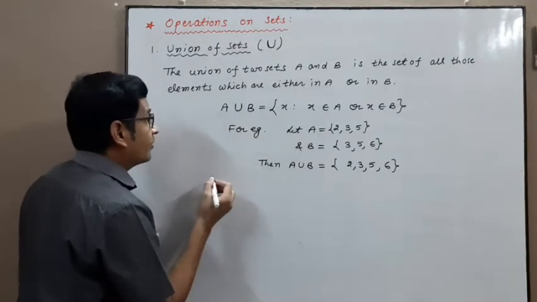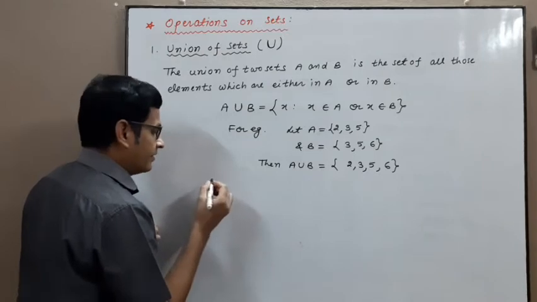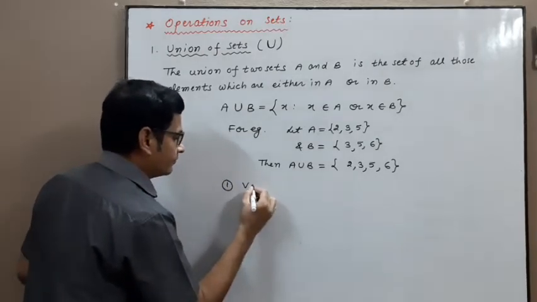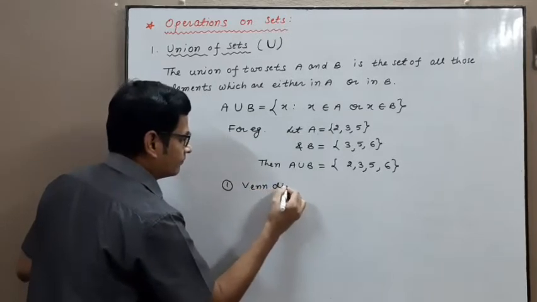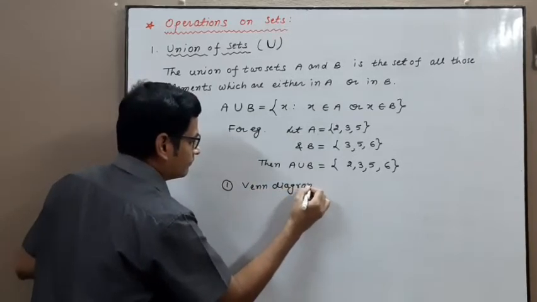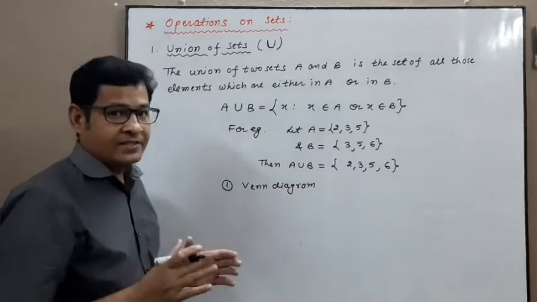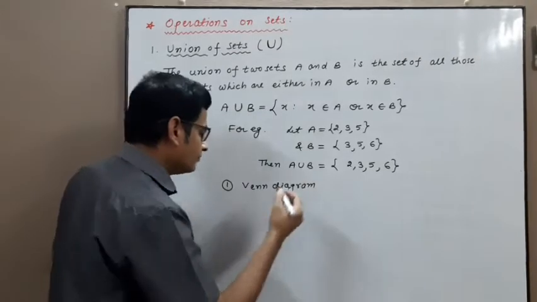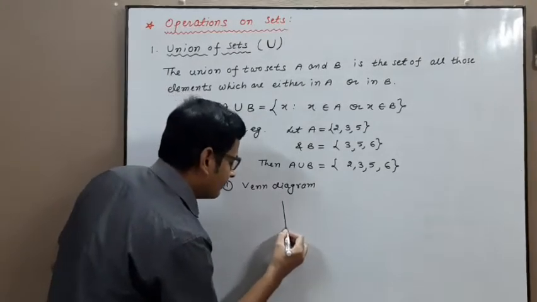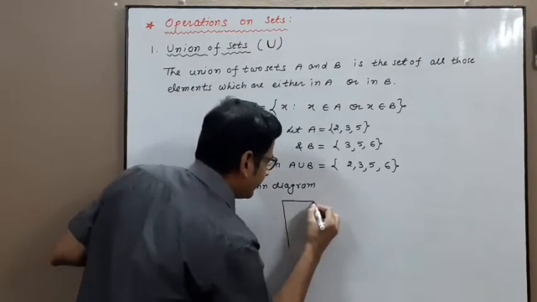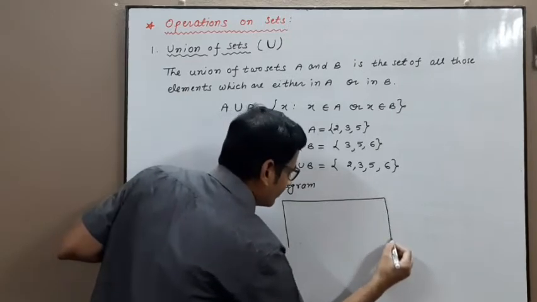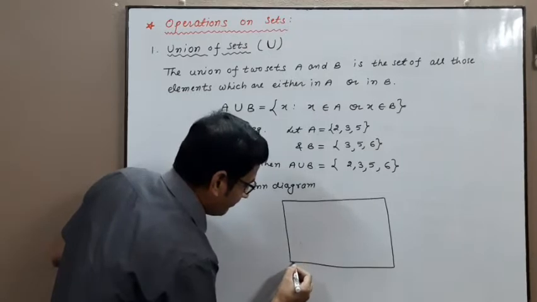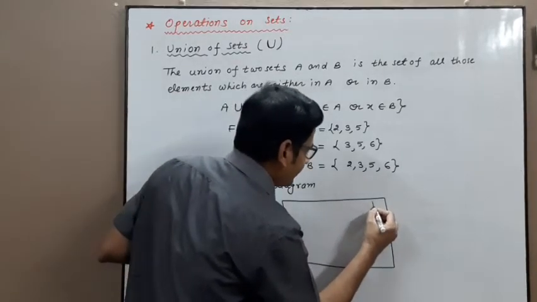Now properties of union of two sets. First, Venn diagram. A Venn diagram is a visual representation of a set. For a Venn diagram, we use a rectangle for the universal set, and we write the universal set here.